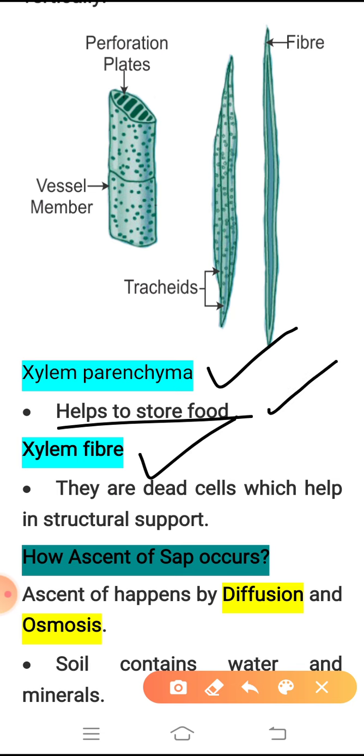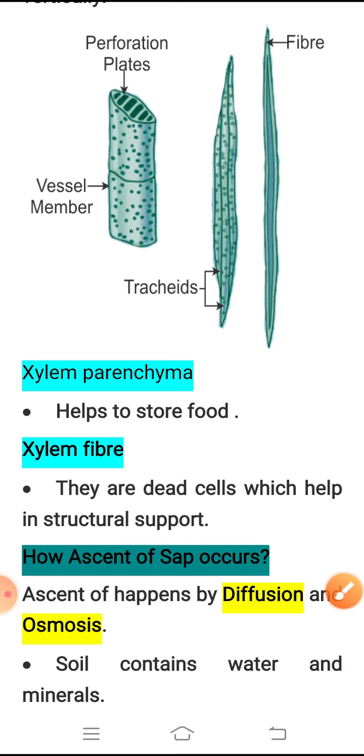And xylem fibers are dead cells which give structural support to the plants. So even though there are four components in the xylem, the important components are tracheids and vessels, because ascent of sap is taken care of mainly by tracheids and vessels.